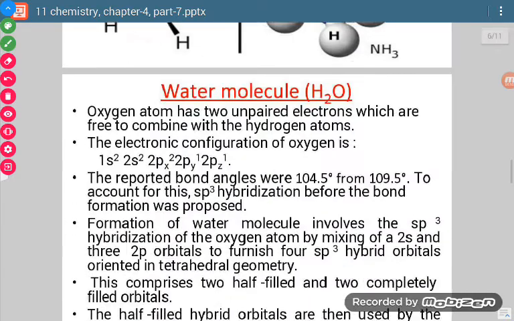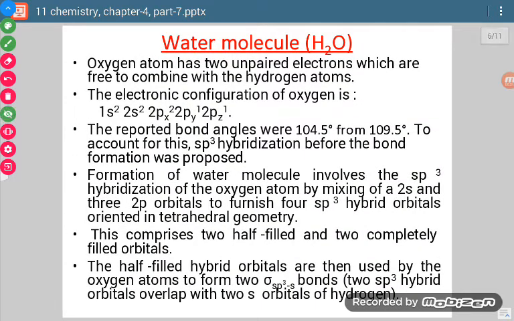Okay, now let us come to another molecule, which is the water molecule. Now in this case, oxygen is the central atom, and if we write the electronic configuration, we will see it like this. So here also this is the valence shell. Now in our valence shell there are 2 unpaired electrons in p orbitals, so there is possibility of formation of 2 bonds.